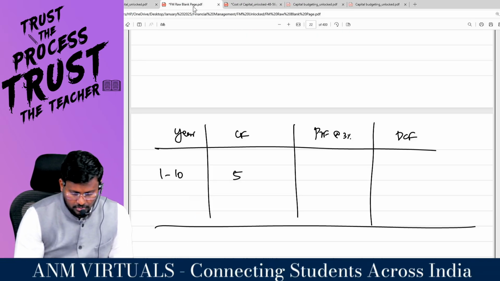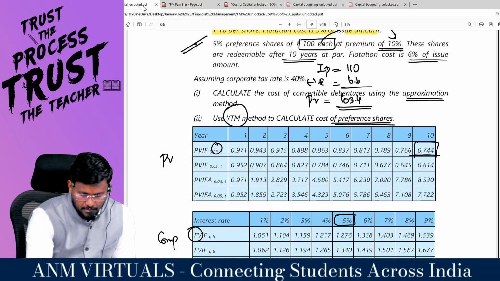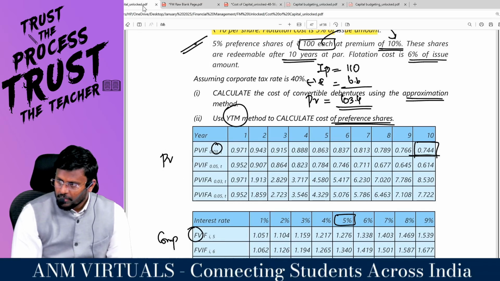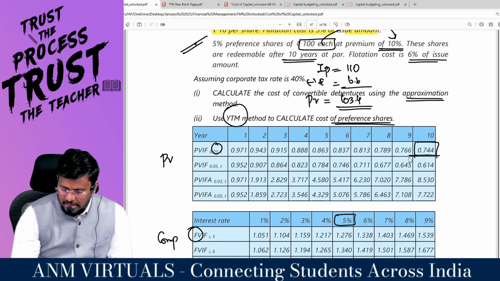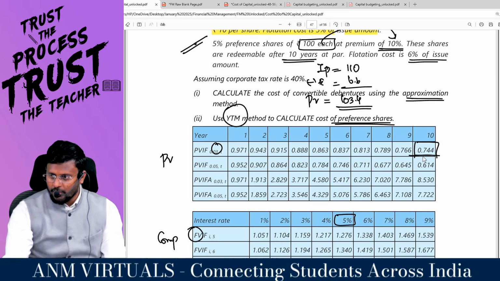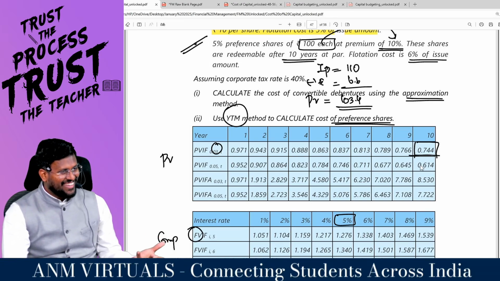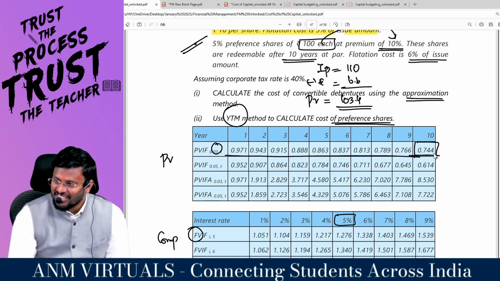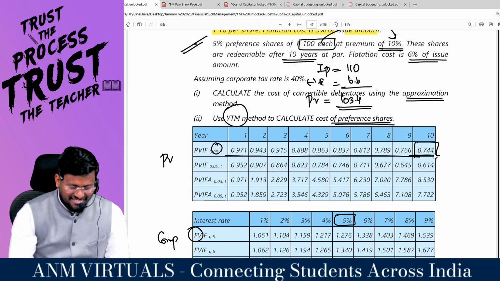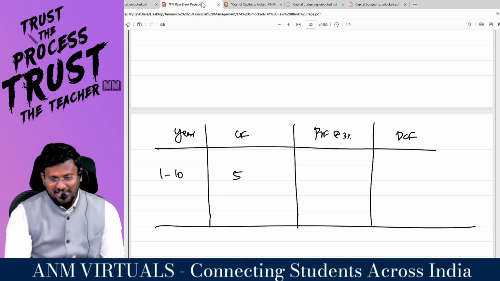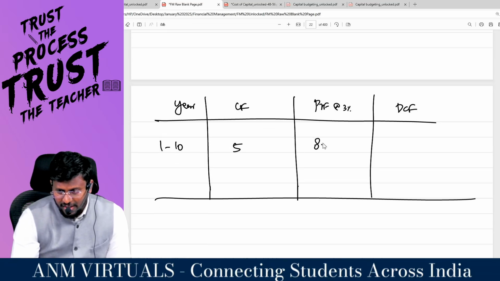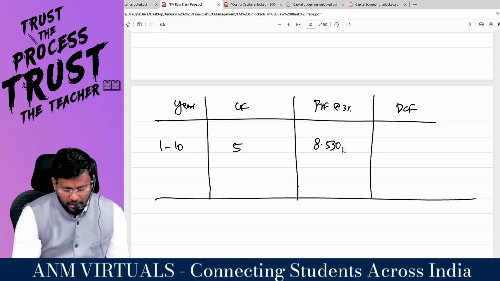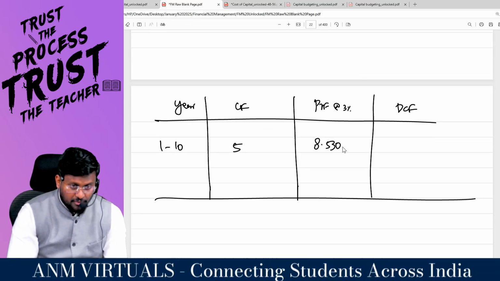0.7. Only the 10th year. Better we itself will do it. If you see and add this, you will miss 1 or 2 numbers. How much? 8.530.